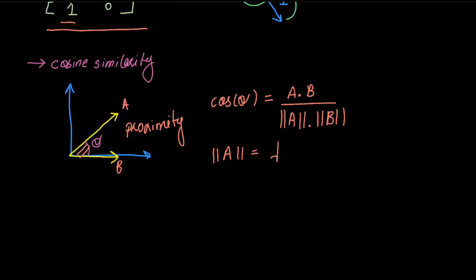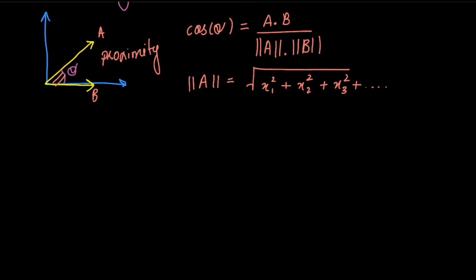So the formula is basically like this: x1 squared plus x2 squared plus x3 squared and so on. That's what the norm represents. All right, so through this we can compute how similar a particular vector is.